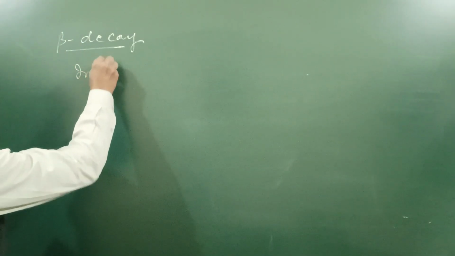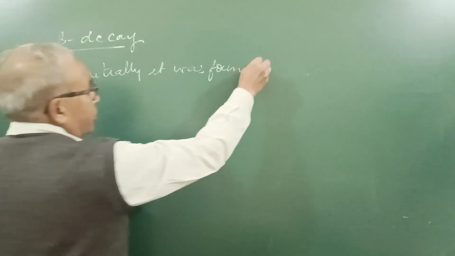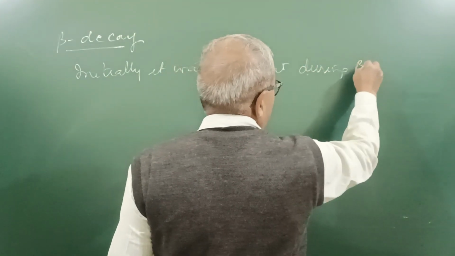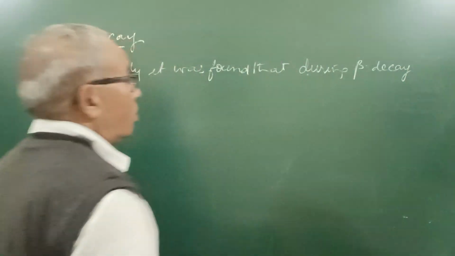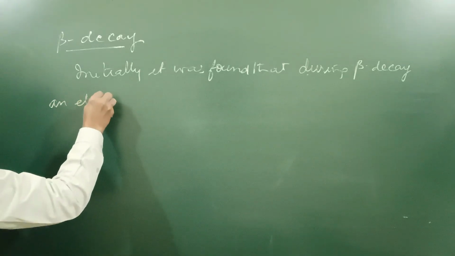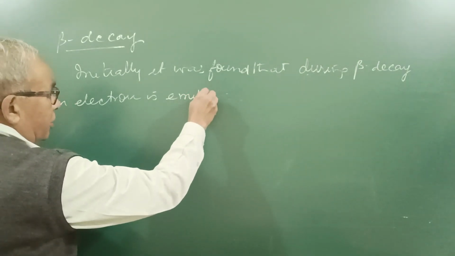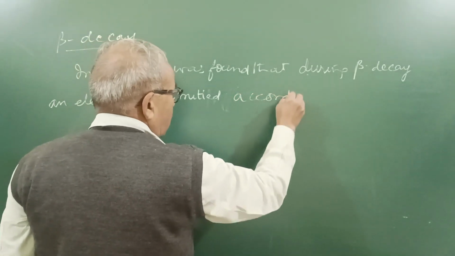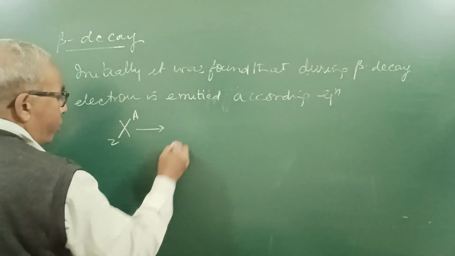So initially it was found that during beta decay, an electron is emitted according to the equation: ZXA gives -1E0.